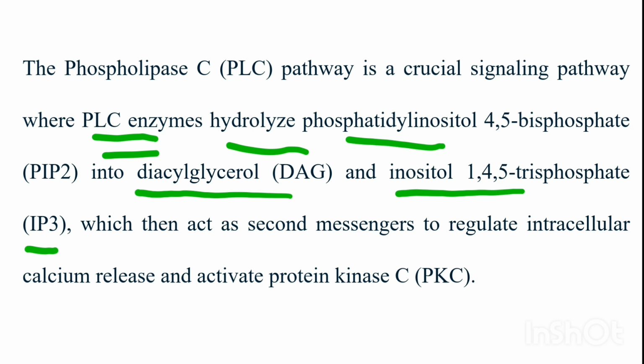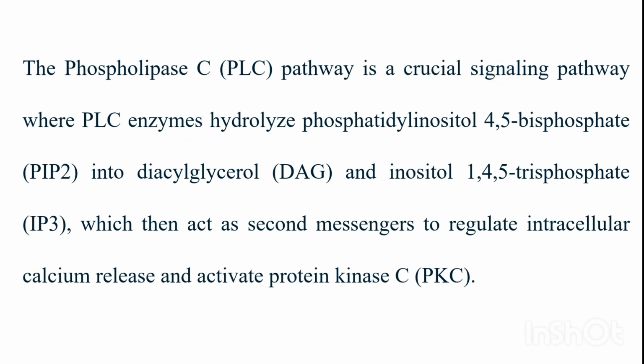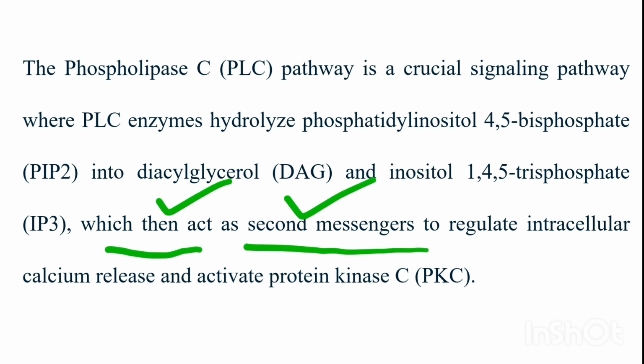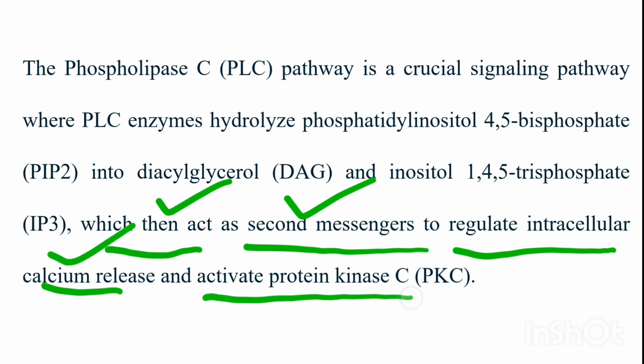One is diacylglycerol and the second one is inositol 1,4,5-triphosphate, IP3. This IP3 then acts as a secondary messenger to regulate intracellular calcium release from the endoplasmic reticulum and activate protein kinase C.